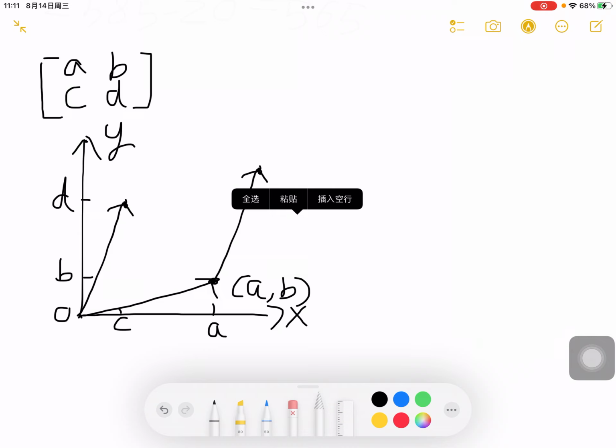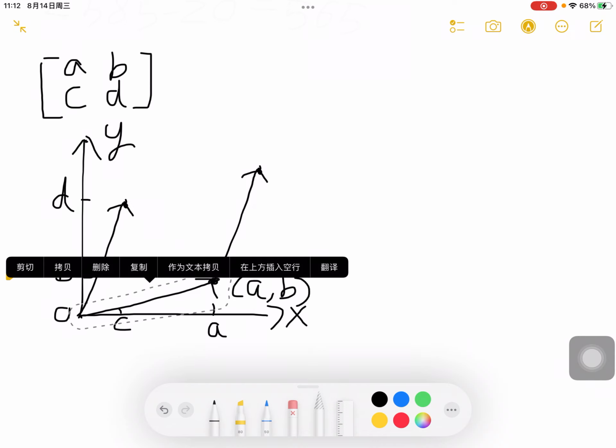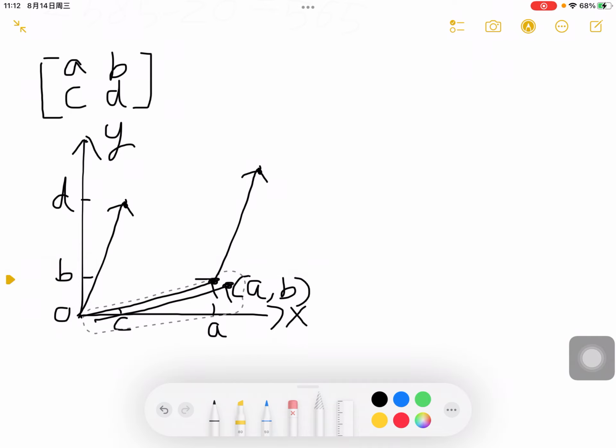These two are the same vectors, right? And then if I copy and paste the vector below, and I paste it here, so that I have a parallelogram. And the determinant of the matrix ABCD is essentially the area of this parallelogram.